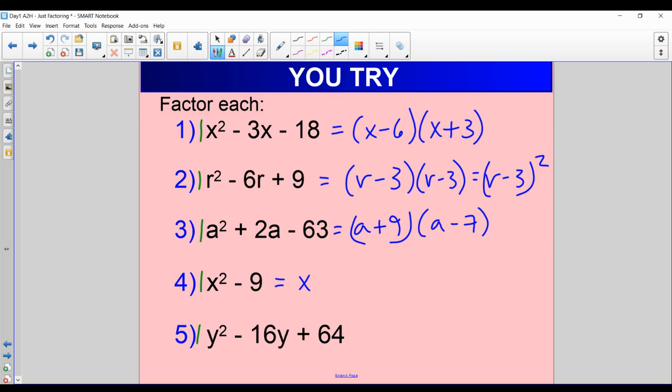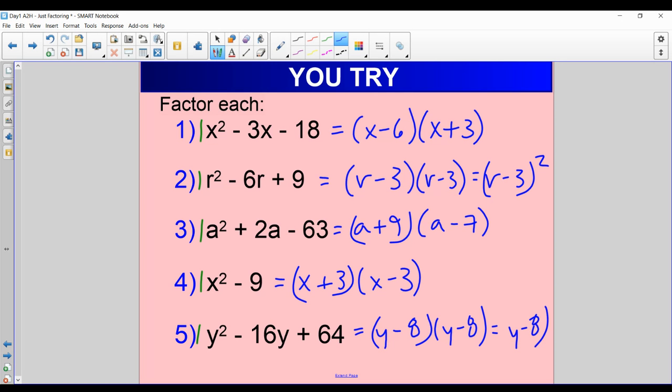Here we have x plus 3, x minus 3. And here we have y minus 8, y minus 8. So you could have said y minus 8 squared. So all of those are actually special patterns.